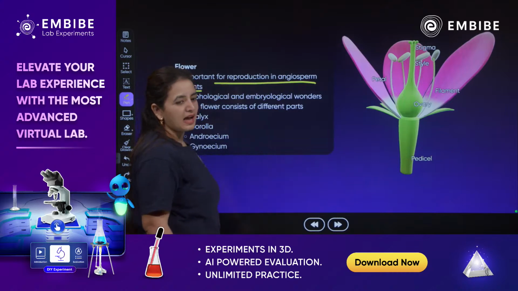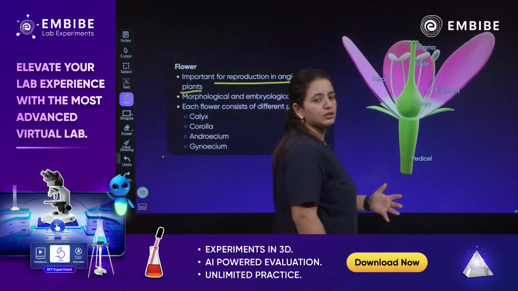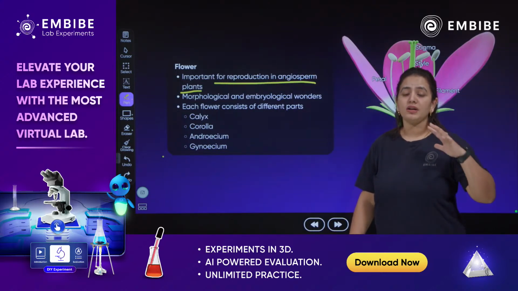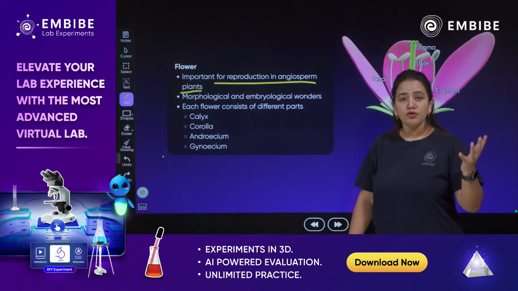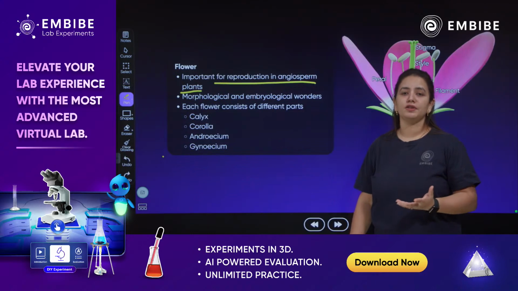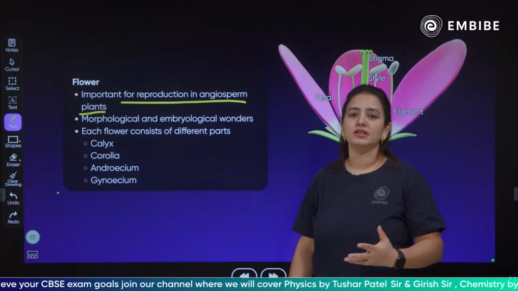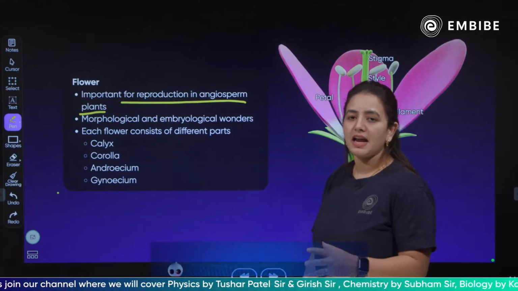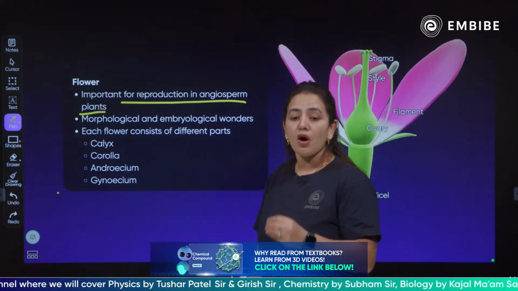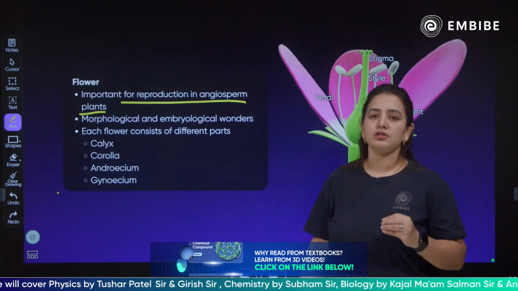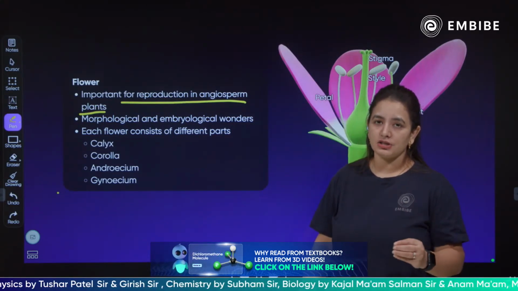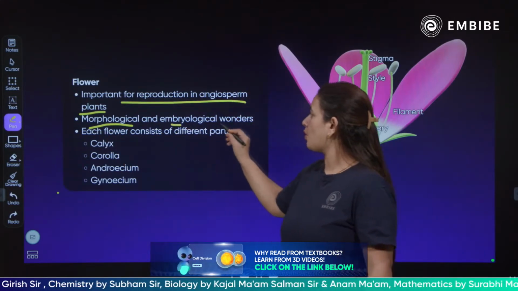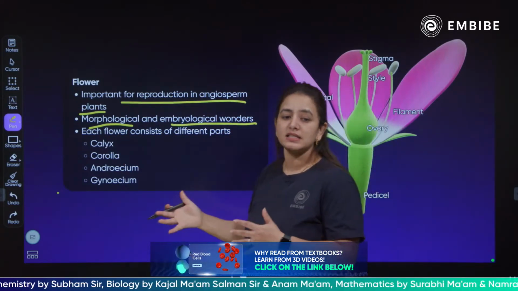They have different parts and different morphology, which is responsible for the reproduction. So children, each flower has different parts involved in the process of fertilization. All the morphological features and all the embryological wonders are present in these flowers.